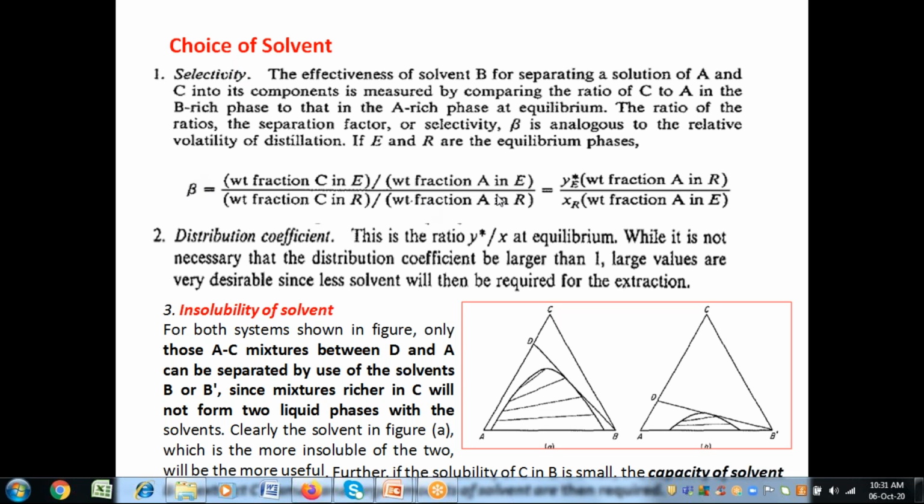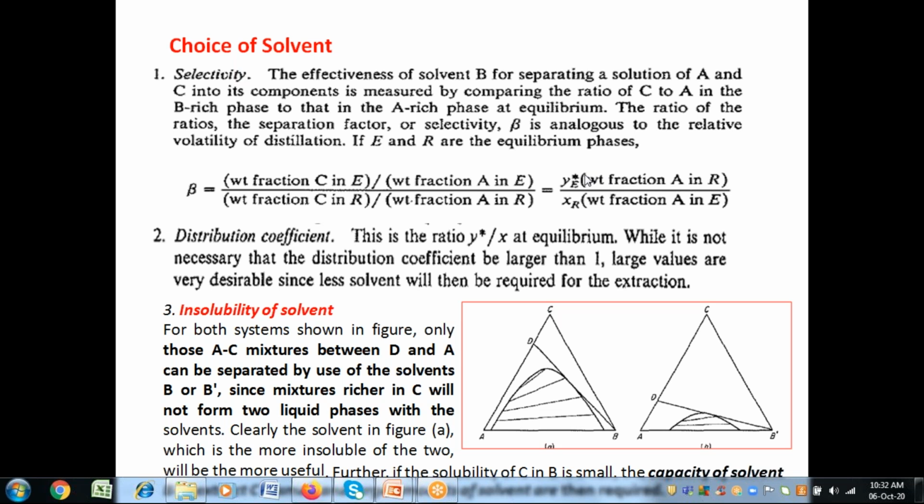If the beta is equal to 1, what do you mean by that? When beta is equal to 1, the weight fraction of A in R and the weight fraction of A in E will be equal. Therefore, these two will also be equal, and beta will become 1. When beta becomes 1, no separation is possible. If the selectivity value is equal to 1, then you get a heteroisotrope.